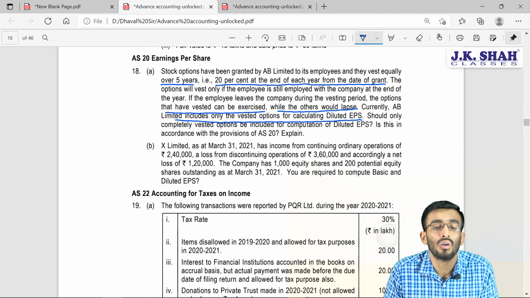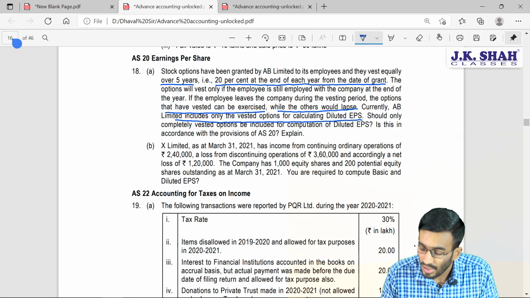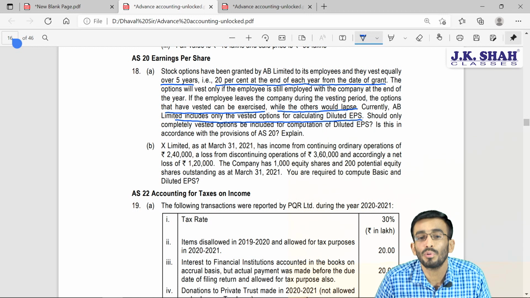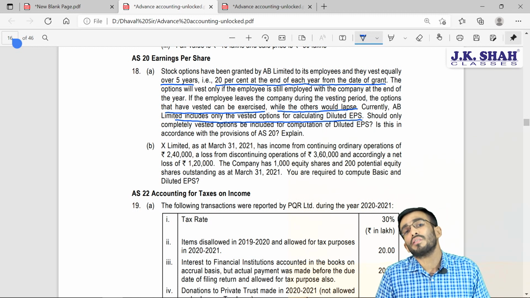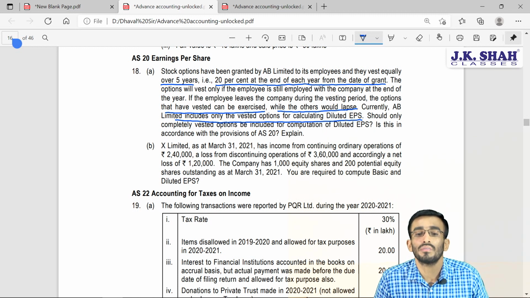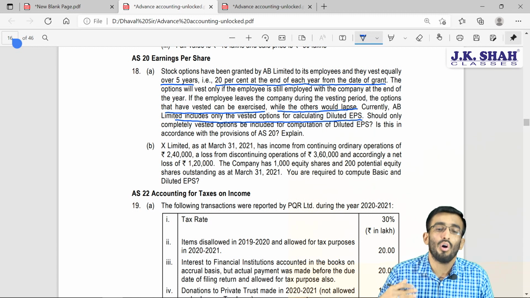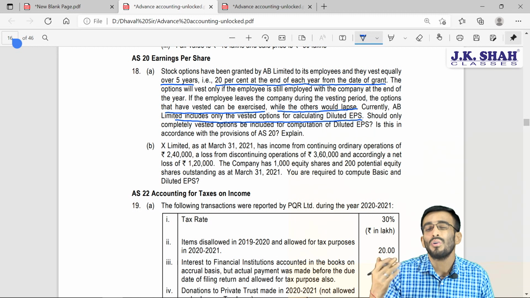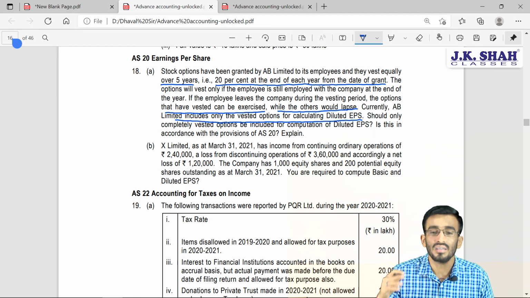No, this is wrong. See, here even though the options are not yet vested, we should consider those as potential equity shares only. Potential equity shares means those financial instruments which is having potential of getting converted into equity shares in near future. So if I'm talking about near future, then definitely vesting conditions are not yet fulfilled.